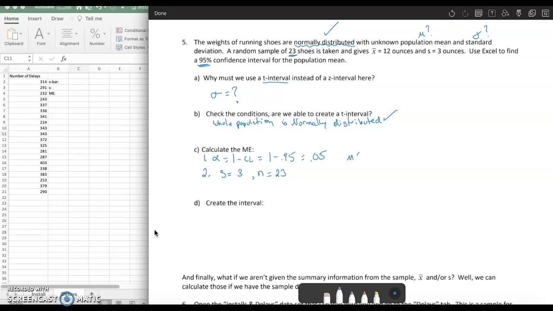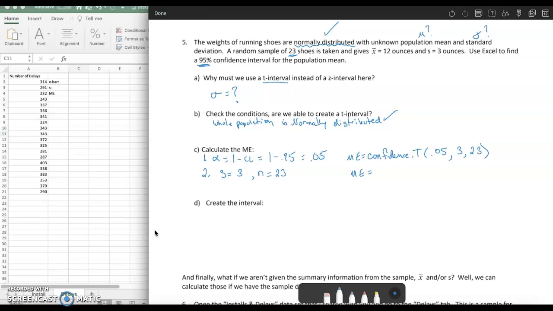Our margin of error this time is calculated by using the equals CONFIDENCE.T Excel command. That one takes the alpha value, 0.05, the s value of 3, and the n value of 23.